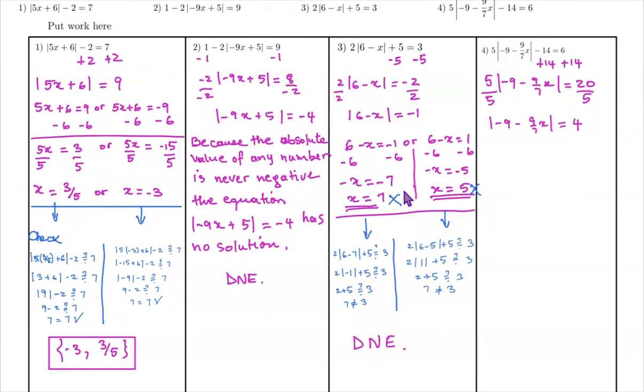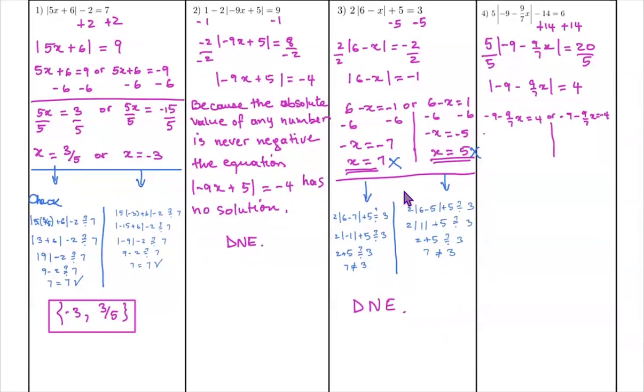Now we're going to make up the two equations. -9 minus 9 over 7x equals 4, or -9 minus 9 over 7x equals -4. We have the two equations. We're going to solve them separately.